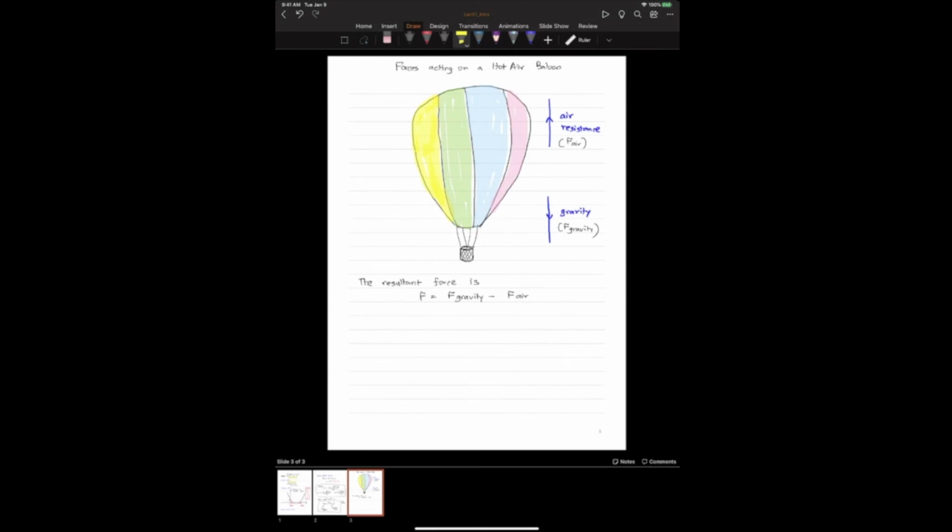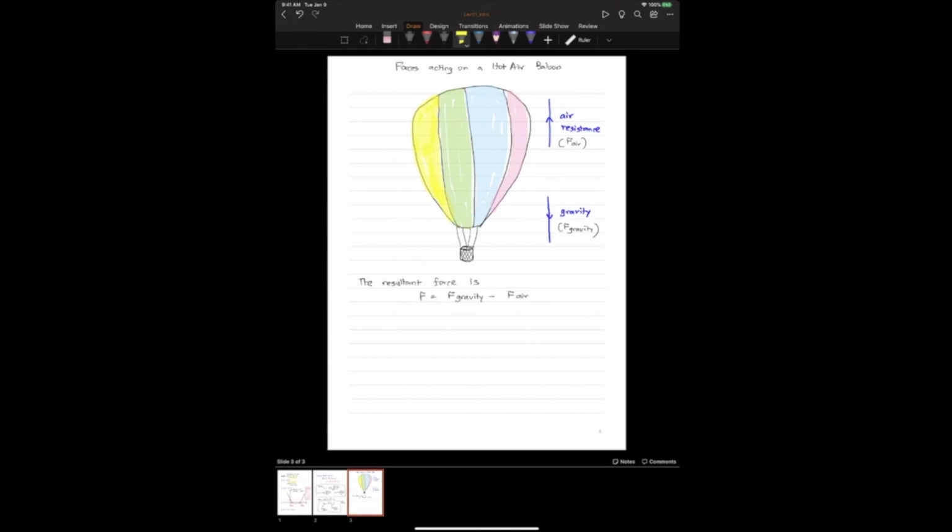There are two important forces acting on it. One is gravity, the weight of the whole thing, the balloon, the basket, and the people in the basket, everything combined. That force acts downwards.